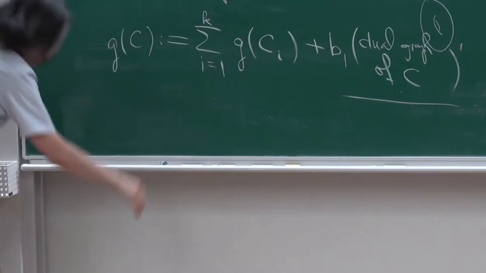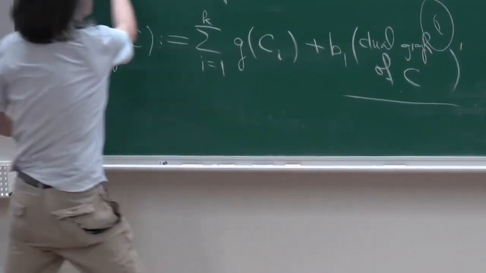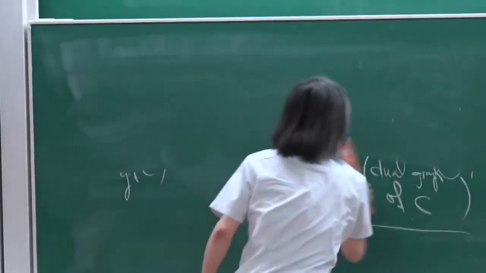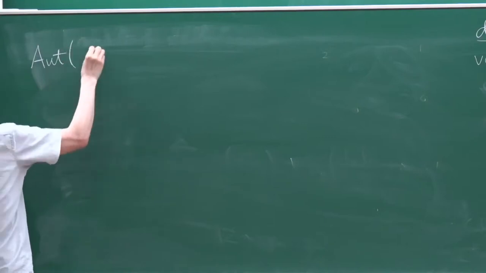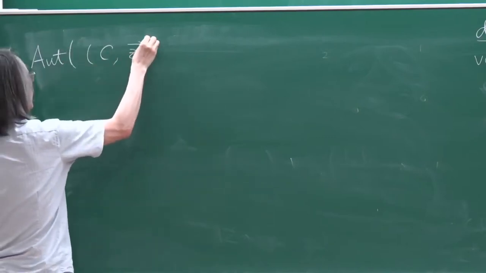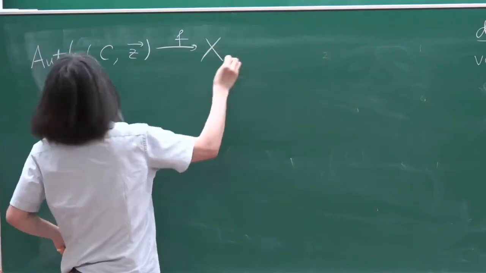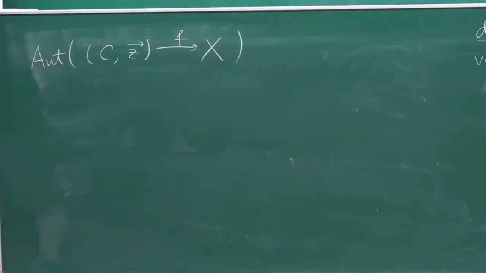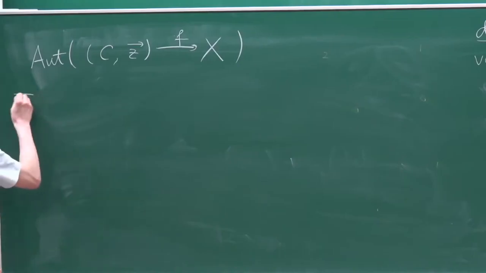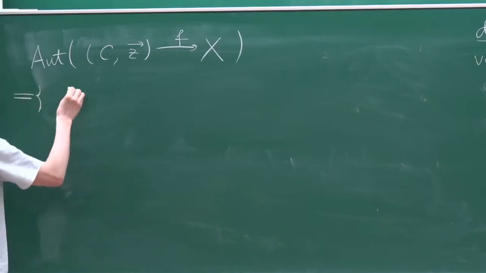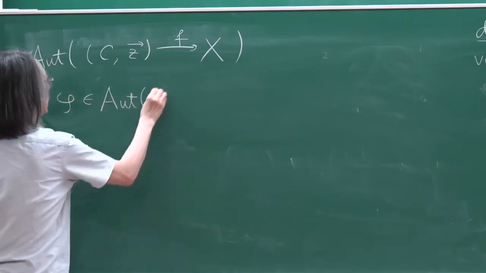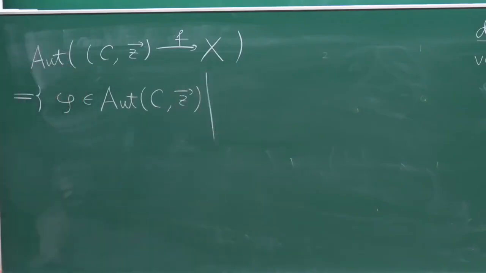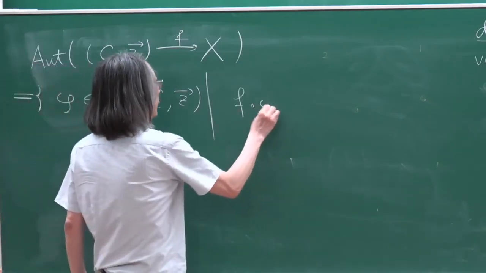So this is actually an automorphism of the domain curve. So phi is an automorphism of the domain curve so that this one preserves the mapping F, namely F composed with phi is equal to F.